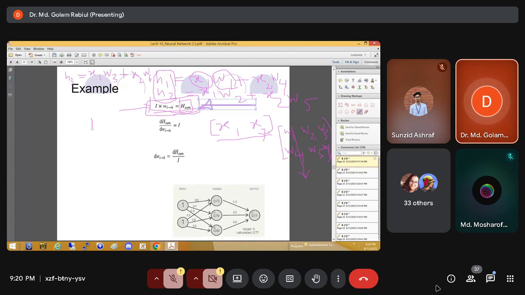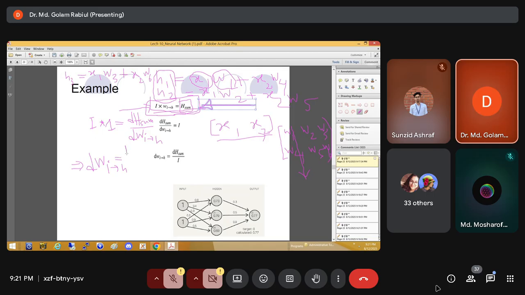We will get the I, so it will be 1 here: dH sum divided by dW input to hidden. So that is dW input to hidden.